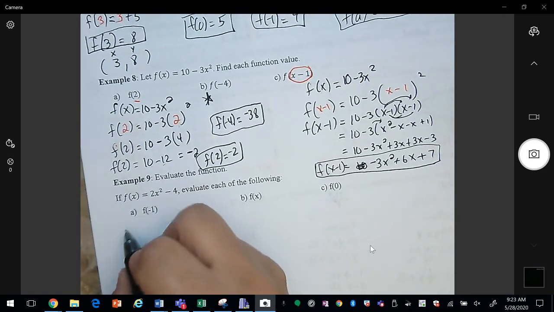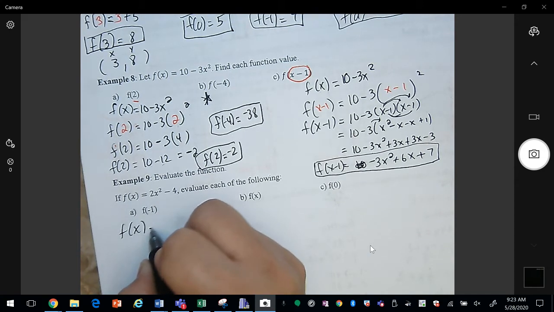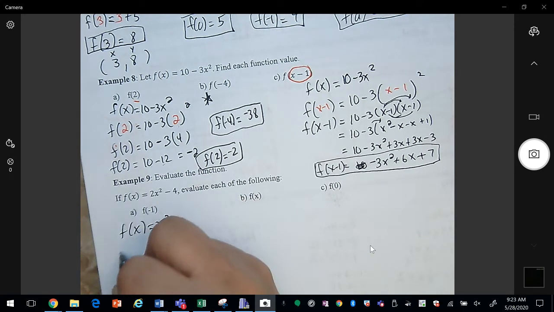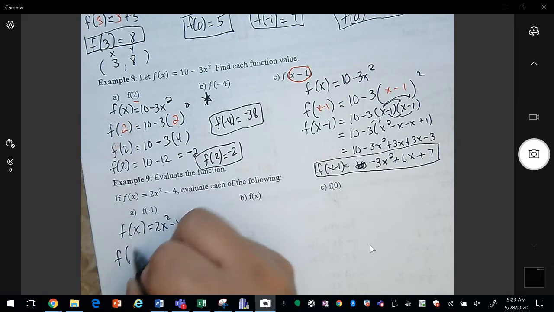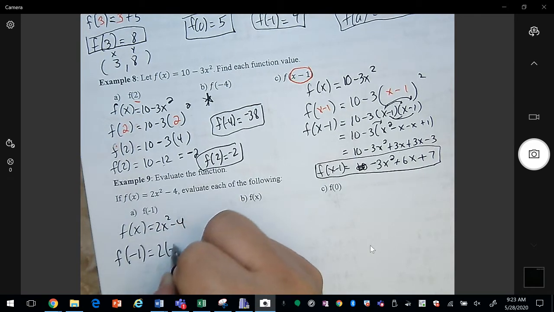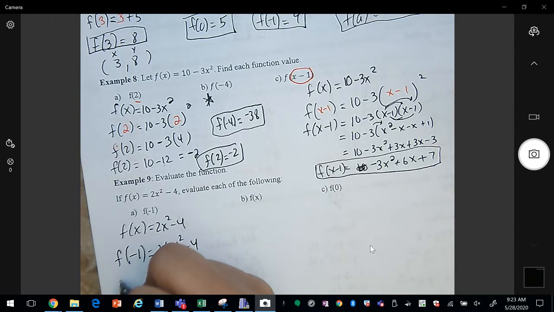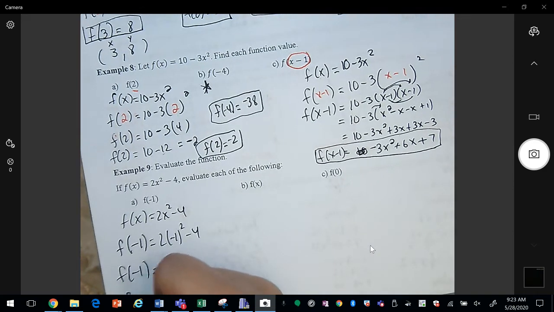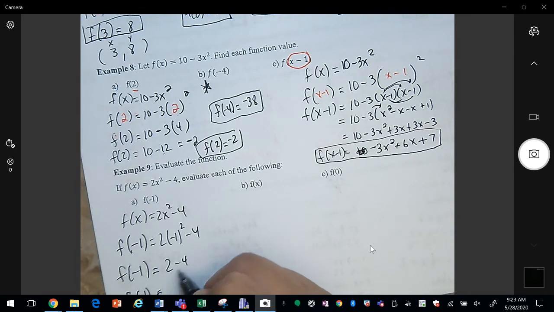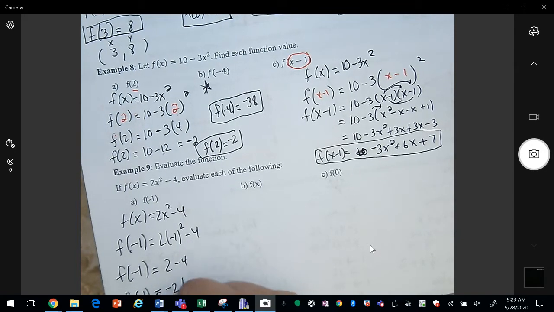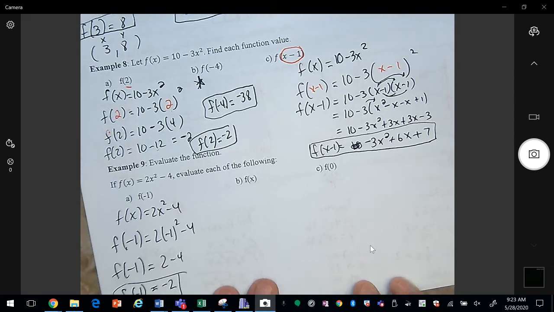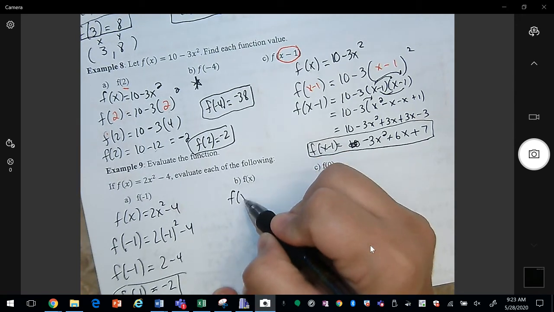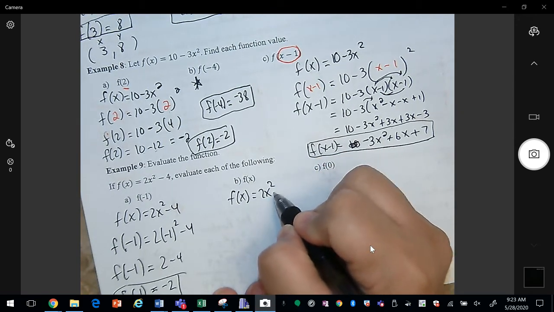Okay, the next one, we have f of x is 2x squared minus 4. Here we're substituting negative 1 for x. Negative 1 squared is 1 times 2 is 2. 2 minus 4 is going to be negative 2. And then the next one is f of x is equal to 2x squared minus 4.